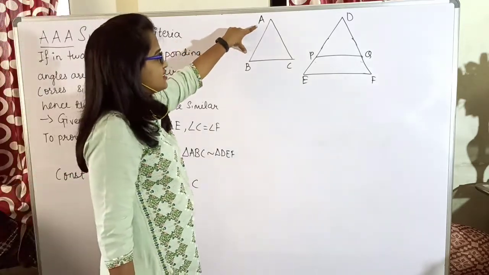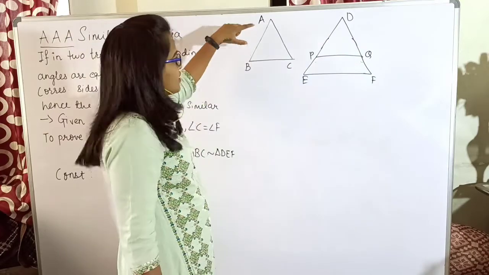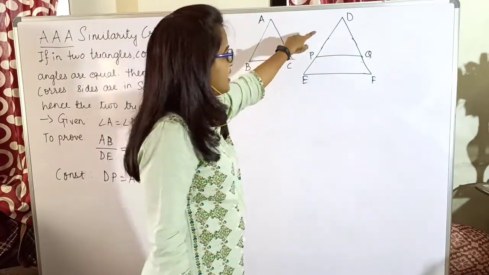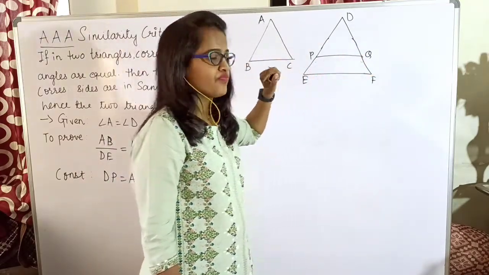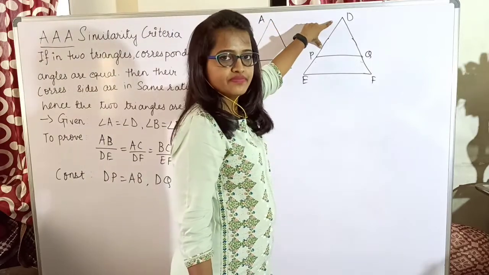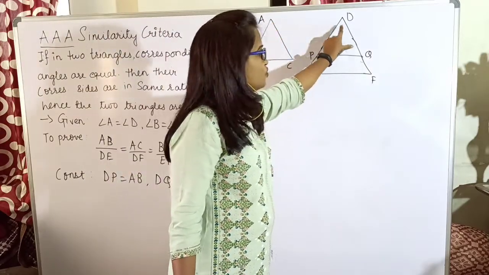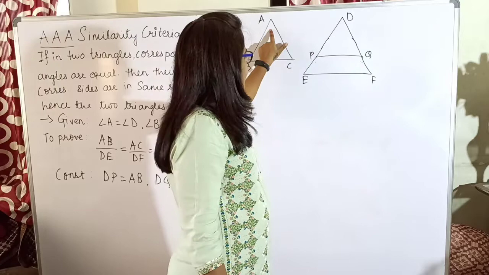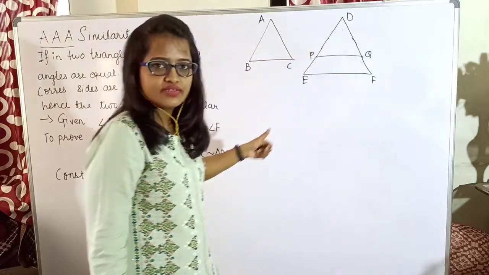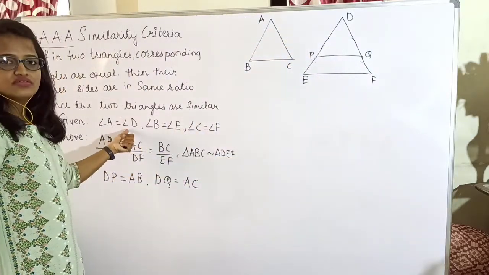Okay, now let us see these two triangles. In triangle ABC and triangle DPQ, AB equal to DP, AC equal to DQ, and angle A is equal to angle D. Why? That is what is given in our statement.